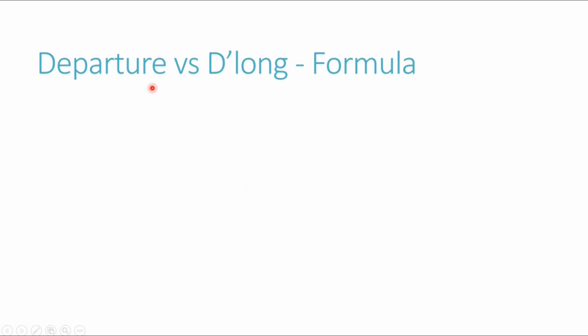Now, as we have seen, on a Mercator chart, the east-west distance is the departure between two places. Now, when we make a small part of the Mercator chart on our answer sheet, you see on an actual Mercator chart, there are two different scales. We have the latitude scale and we have the longitude scale. Both of them are different from each other.